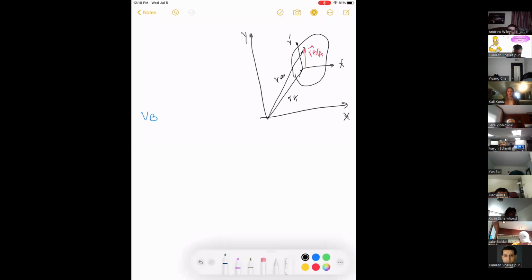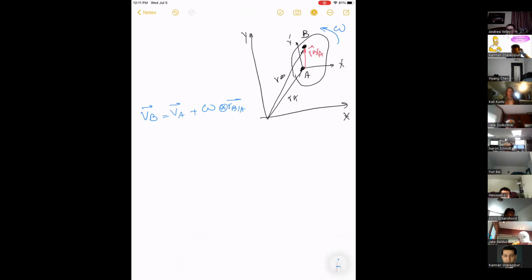So technically, this is point A. This is point B. We got VB equals VA plus omega cross RB with respect to A. Which omega is this? This is the omega of the whole rigid body.